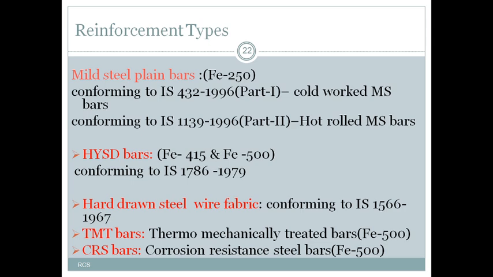The properties of these fabrics conform to IS 1566-1967. The TMT bars and CRS bars are the latest versions of the above. These are high strength bars. TMT means thermomechanically treated bars and CRS means corrosion resistant steel bars. Only a few companies are manufacturing these bars, like SAIL, Steel Authority of India.